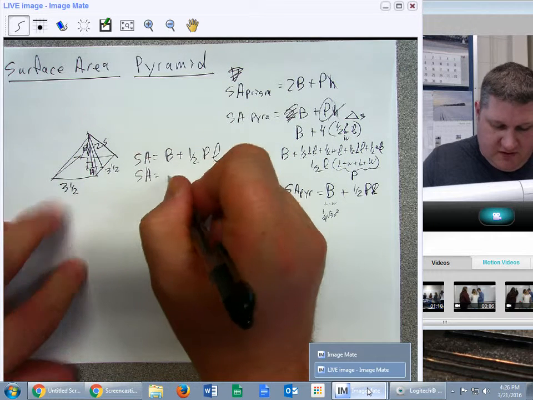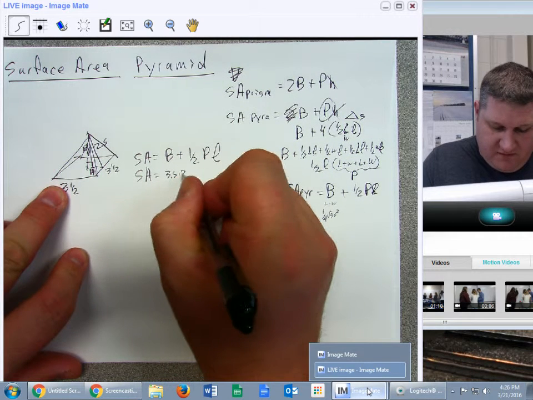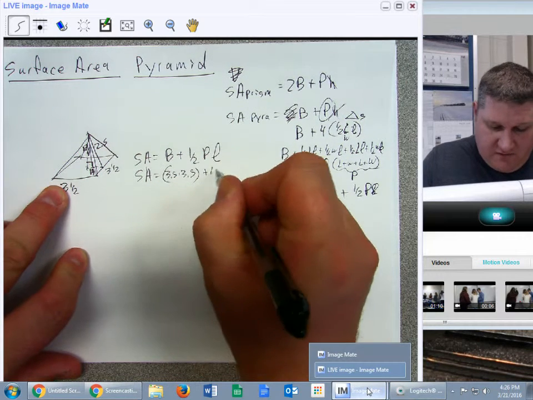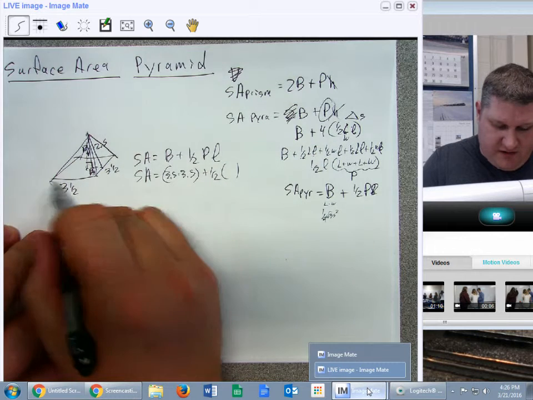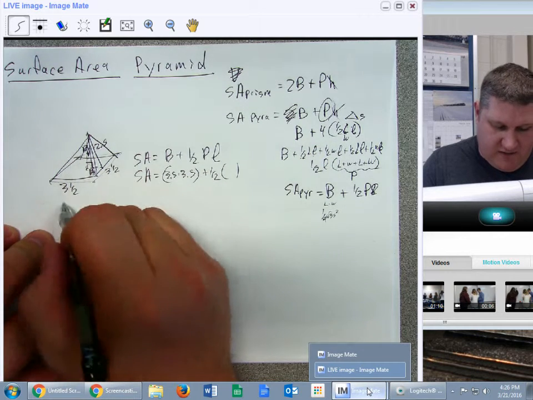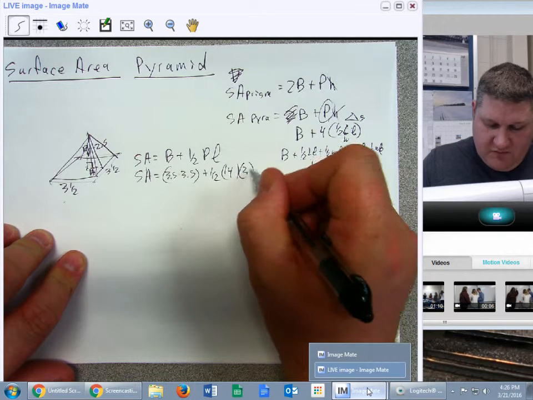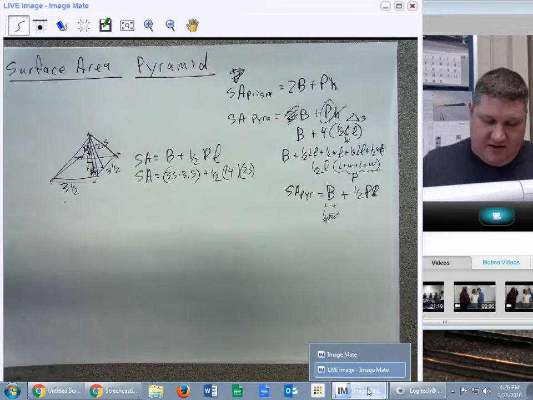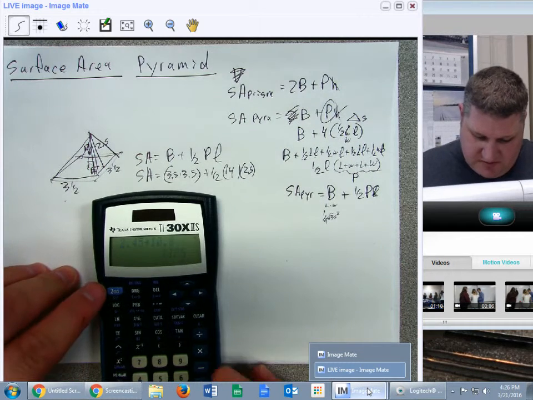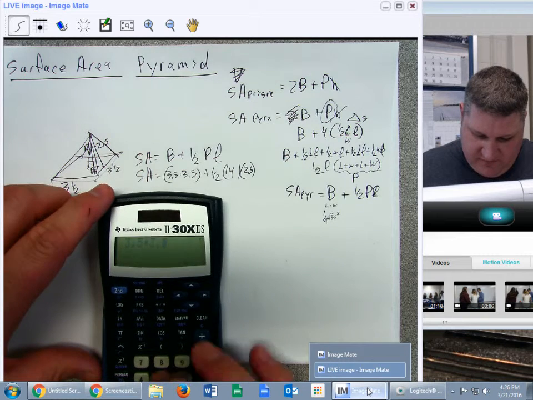Surface area is going to equal base, which is 3.5 times 3.5, plus 1/2 perimeter. Well, 3.5 plus 3.5 plus 3.5 plus 3.5, that's 7, that's 14, times L, 2.5. The surface area here is going to be 3.5 times 3.5.